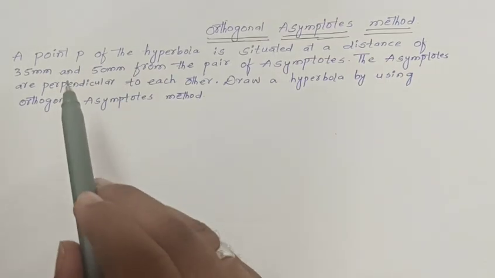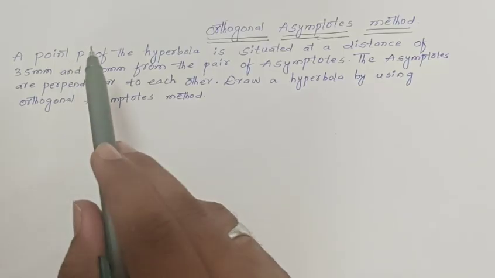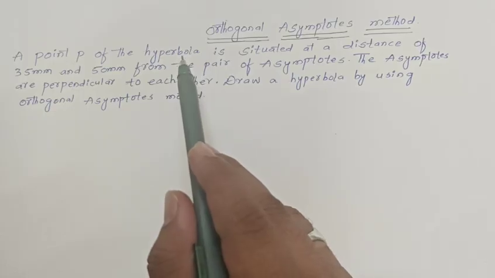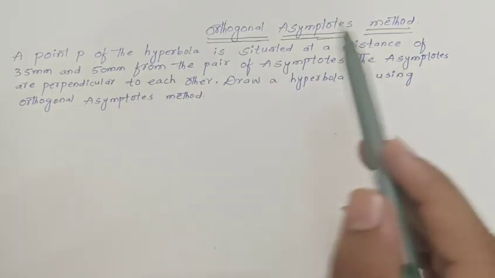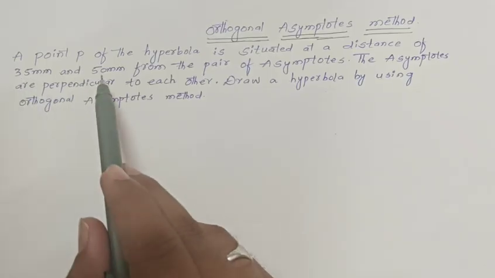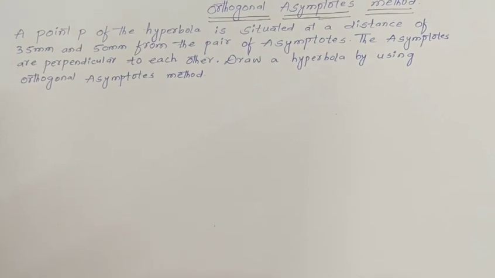If you observe in this question, a point P. From this point P, we need to draw the hyperbola, which is situated at a distance of 35 mm and 50 mm. Let us see, I am taking one point.